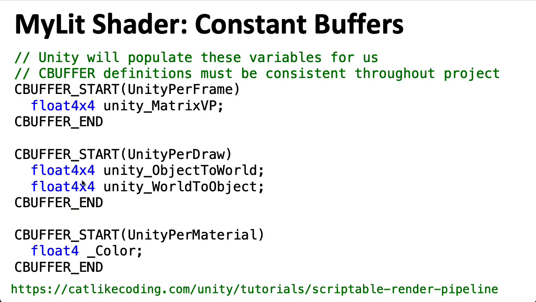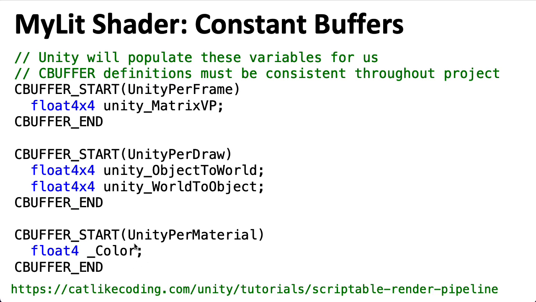Now we do need to declare Unity Object to World and Unity World to Object. Unity will fill this in for us. We're also declaring Unity Matrix VP. That's a combination of the view transform and the projection transform that Unity will fill in for us. So even in the scriptable render pipeline, Unity is filling in some stuff for us.